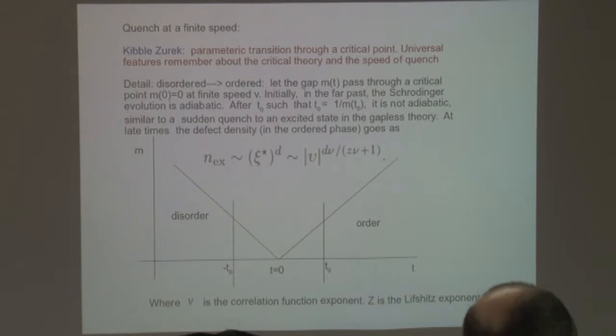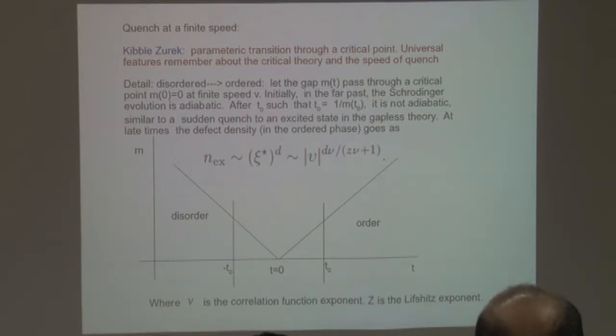disordered phase to an ordered phase in this fashion, the evolution is adiabatic in the beginning, when the gap is large enough, but when the gap is small, and in particular when you are approaching the critical point, then of course nothing can be adiabatic.